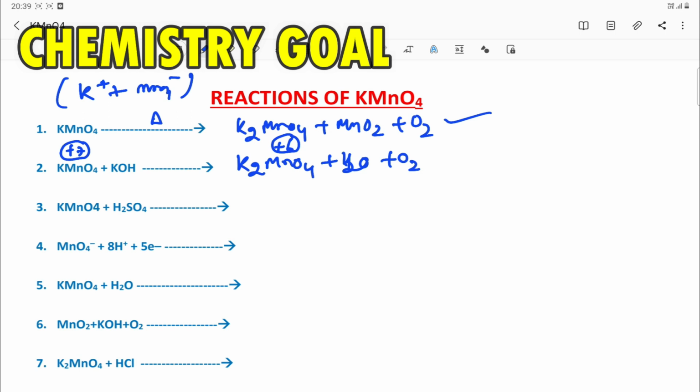Then the next reaction, a very important reaction: when potassium permanganate reacts with concentrated sulfuric acid, it forms potassium bisulfate, manganese heptoxide and water. Here the manganese heptoxide formed is a green oily liquid.